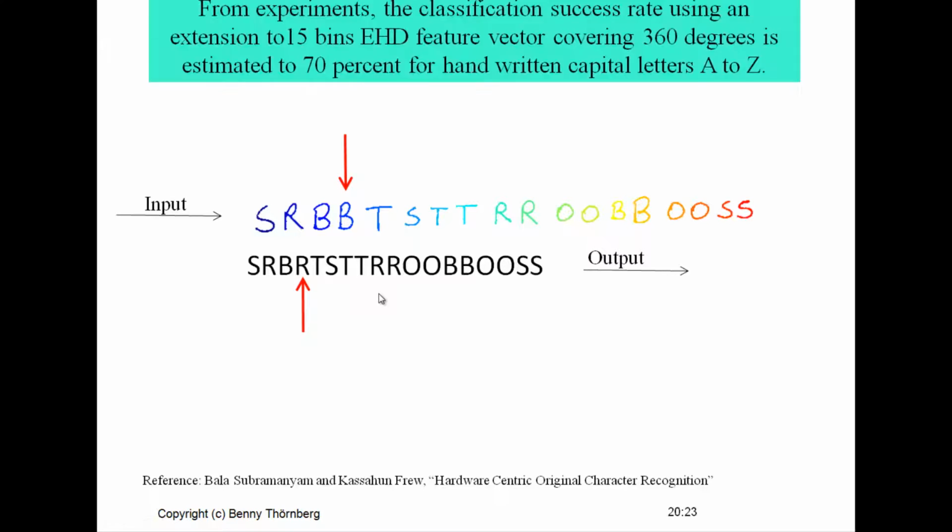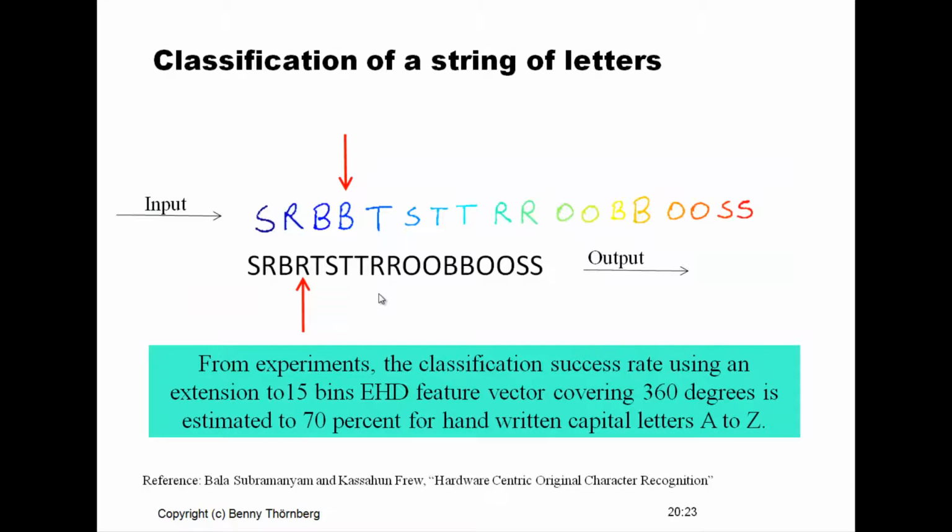What they started with, in their experiment, was extending the number of bins in the edge histogram descriptor from 9 to 15 bins, and they also extended the degree range from 0 to 180 to instead use 0 to 360 degrees.